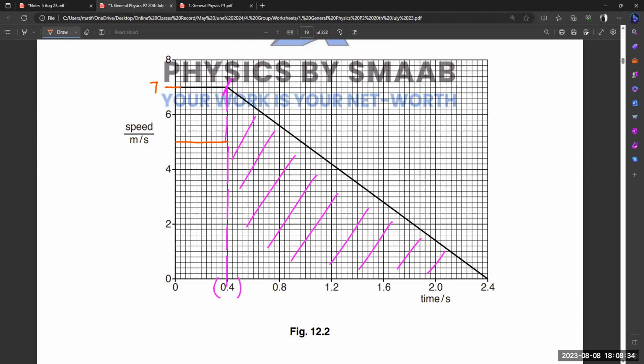This will be our reaction time at this point, and after that, we just need to draw a straight line down to 0. Got the concept? Yes, sir. You just need to draw a straight line.